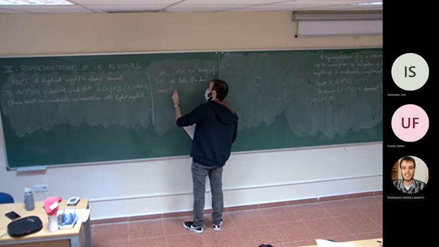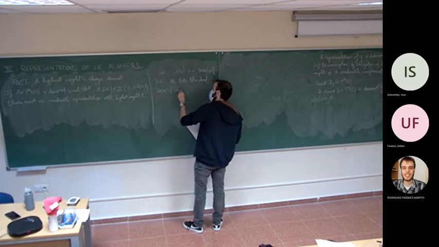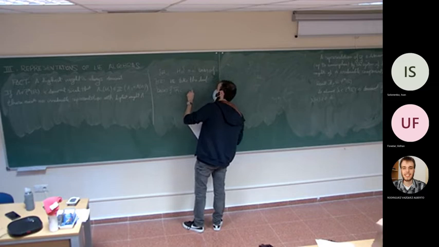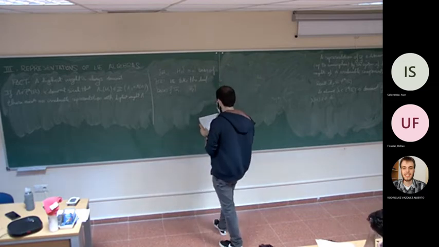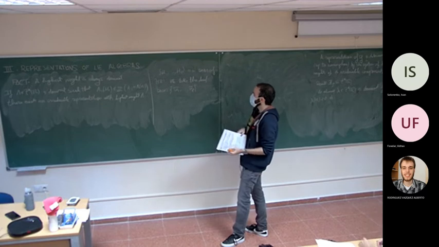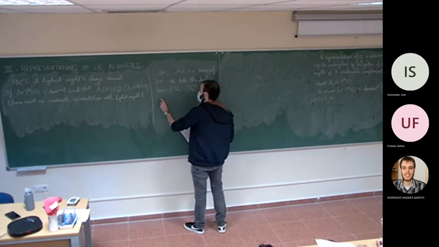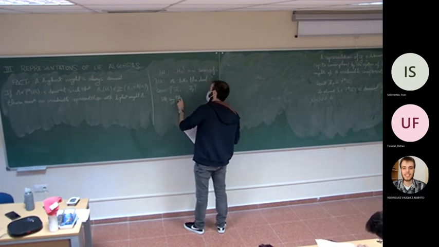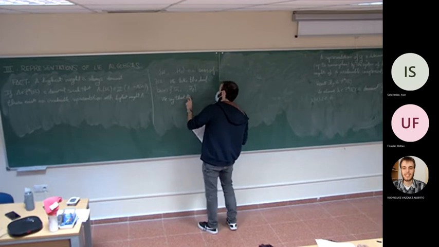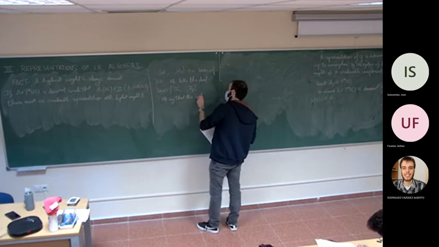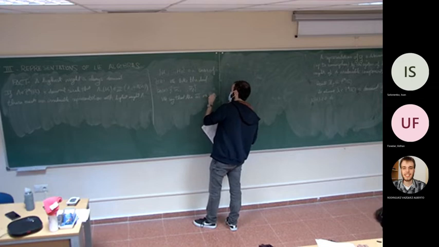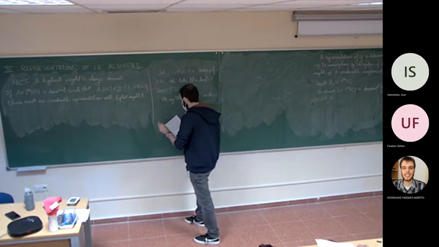And we will denote it by omega 1 bar up to omega L bar. And we're going to call these dual elements the fundamental weights. We say that the omega I bar are the fundamental weights.